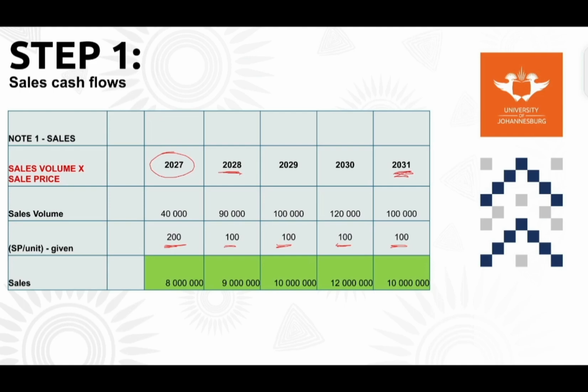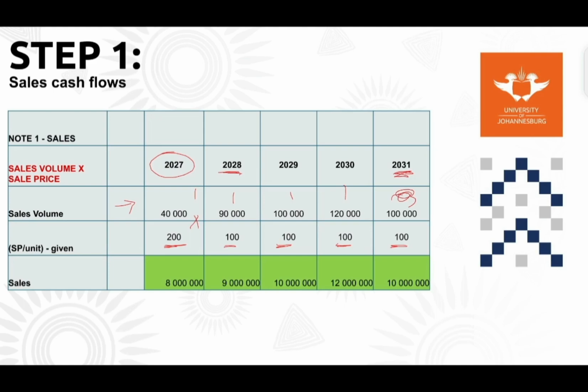They also mentioned that the sales volume would increase, and we see that happening here, and then here there was a slight decrease. So maybe towards the end of the project, some things may not work so well. To get these values at the bottom, you say 40 million multiplied by the selling price.